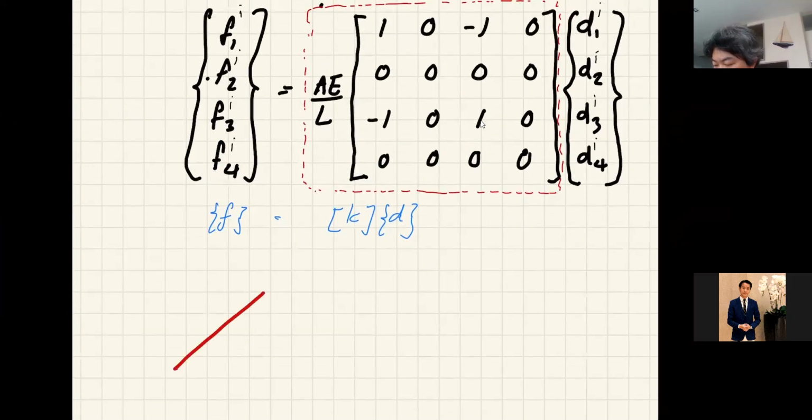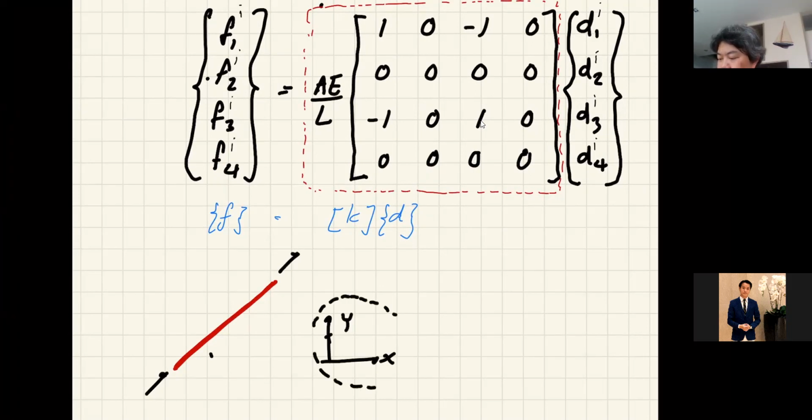if the member is in this direction like that, in Cartesian, you have X and Y, right? But in order to calculate anything related to this member, you need the force and displacement in its own axis. Okay, so any typical XY direction that we refer to, you can call this global direction.